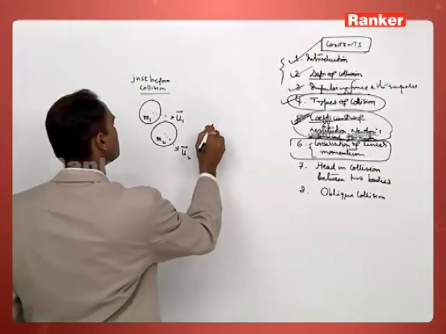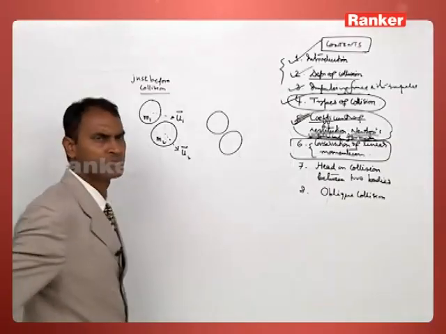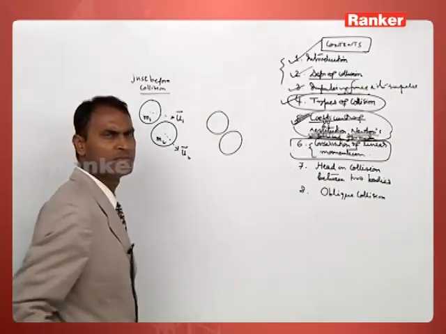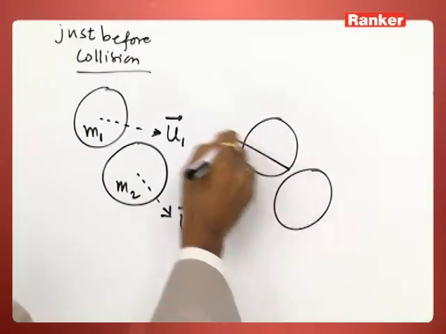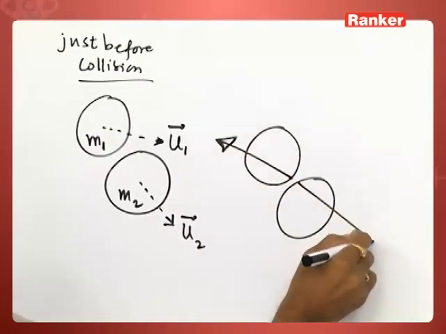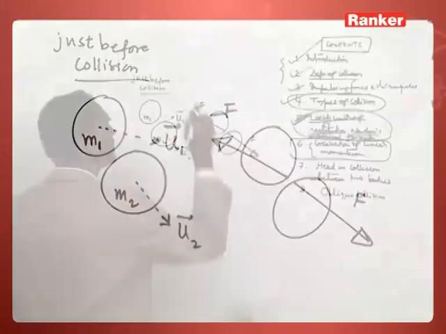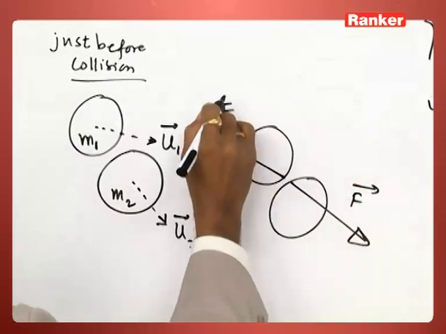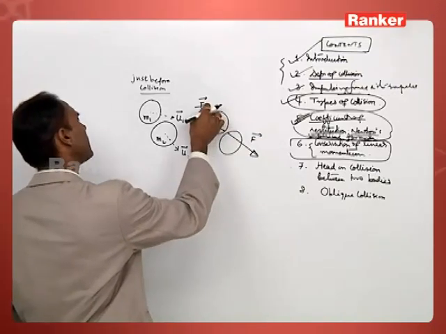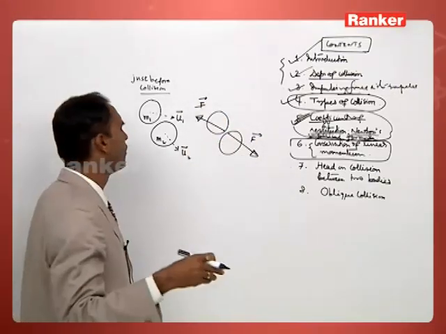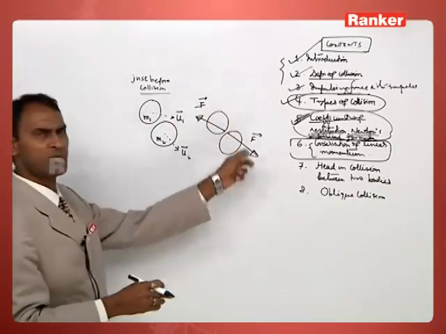During the collision, let them interact by the impulsive forces F and minus F. Or you can take it F1, you can take it F2. F1 plus F2 vector, when you add both, you will get 0 because they are an action-reaction pair according to Newton's third law.